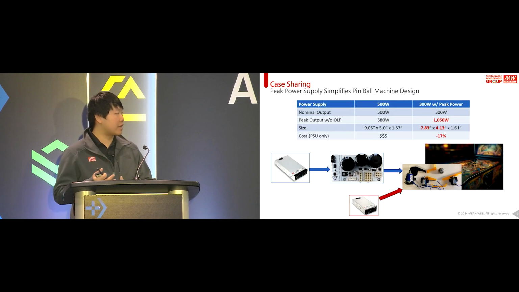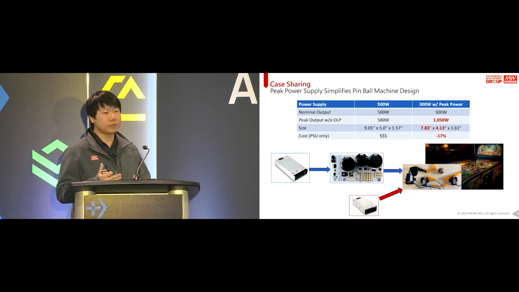And here's an actual example of where a peak power supply was able to simplify a pinball machine design. This is also applicable to all automation equipment that uses solenoid valves or motors. In this specific example, the customer was using a solenoid valve. Their old power supply was a 500 watt power supply, which had a nominal output rating of 500 watts, and the peak power without the OLP shutting down was 580 watts.